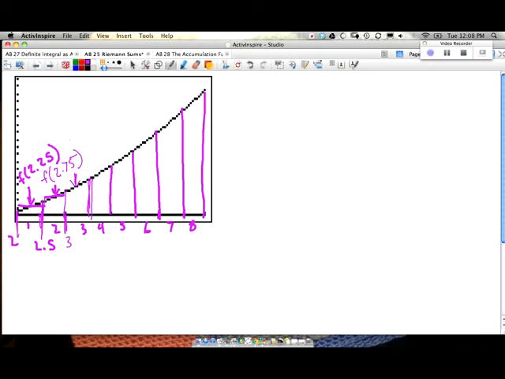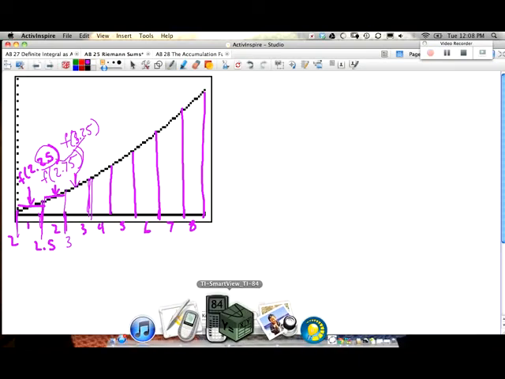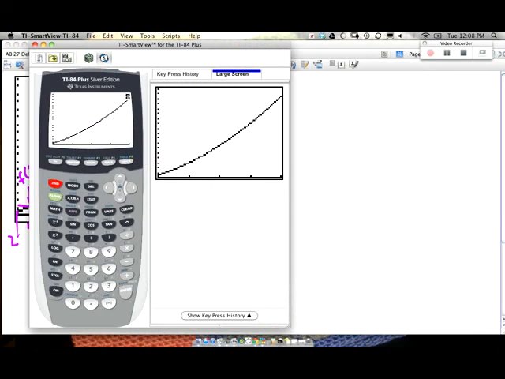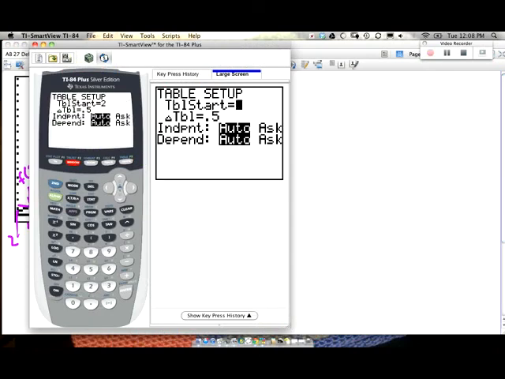Then the next one after that is going to be f of 3.25. So if you're watching the pattern, we start at 2.25 and then we're going up by 0.5. So all I need to do to adjust my table then is instead of starting at 2, I'm going to start at 2.25.